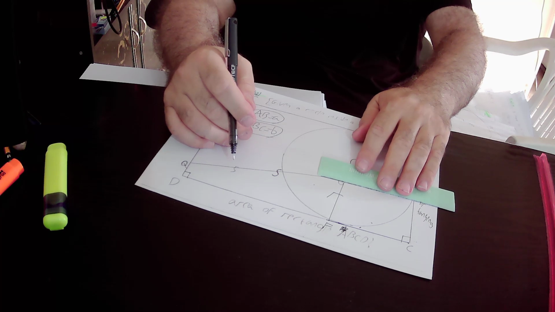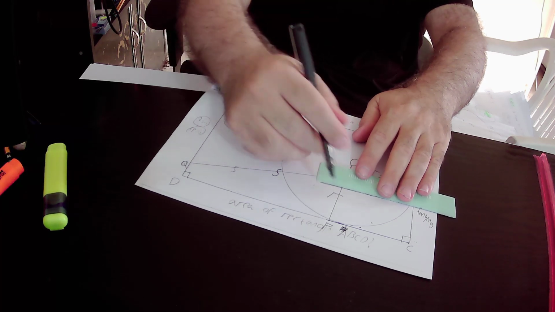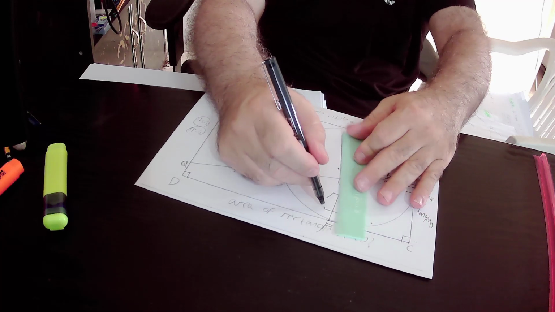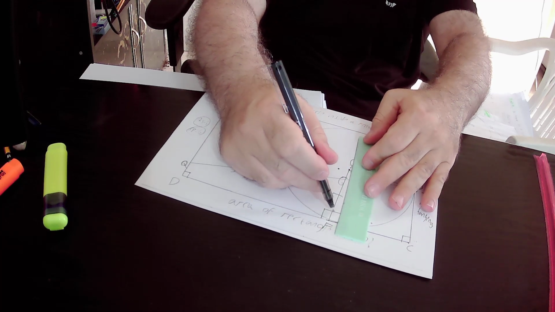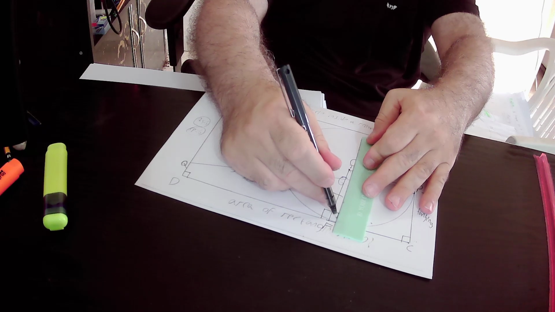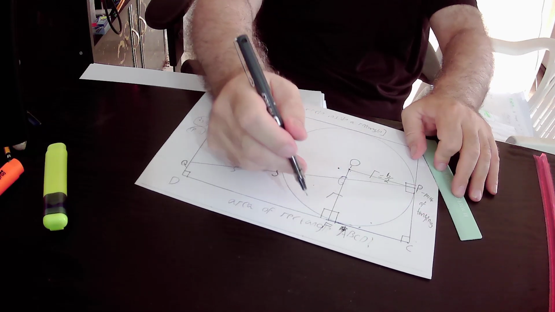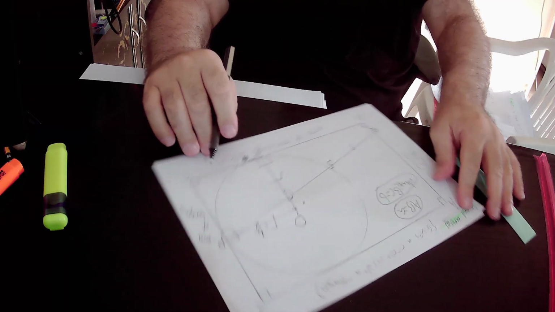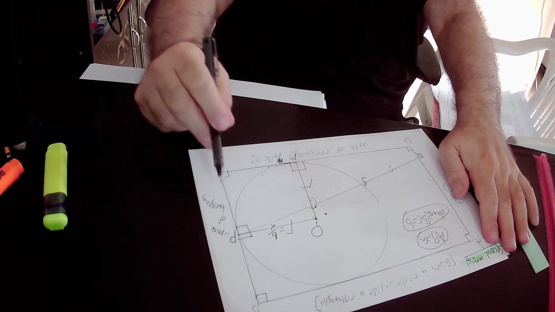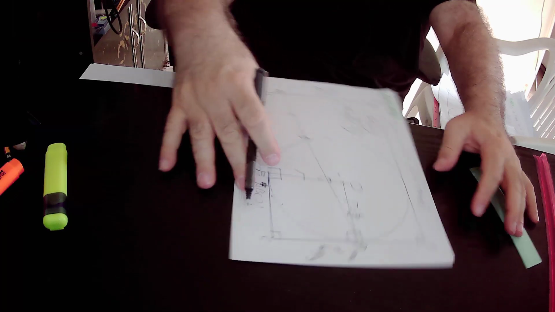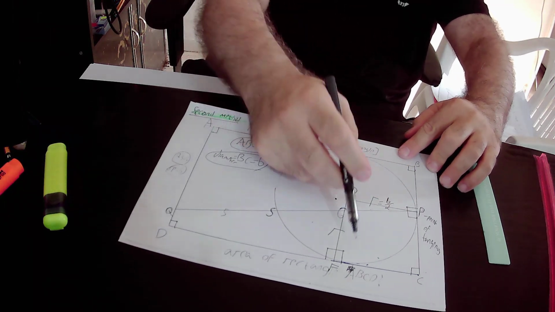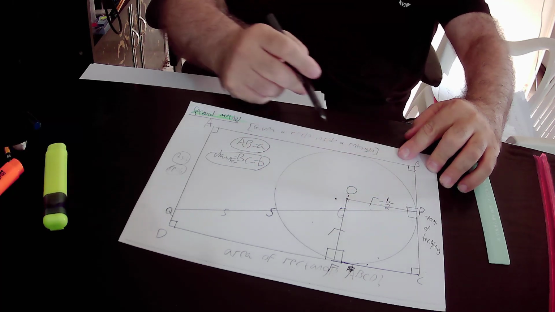Therefore, according to rule number 1, this angle will be equal to 90 degrees and this angle also equals 90 degrees. We actually found out that in quadrilateral OPFC, we have 1, 2, 3 right angles.